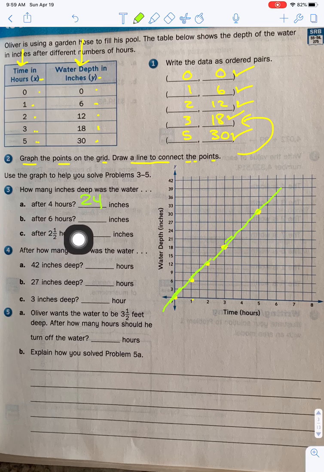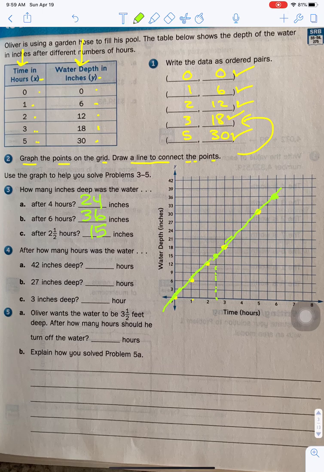What was it after 6 hours? So if we go over 6 and go up, it looks like it intersects here at 36. After 2.5 hours, we go to 2.5 right here, go up, it looks like 15 inches.